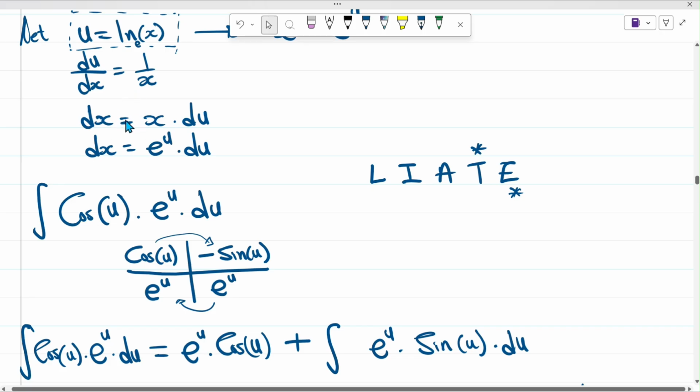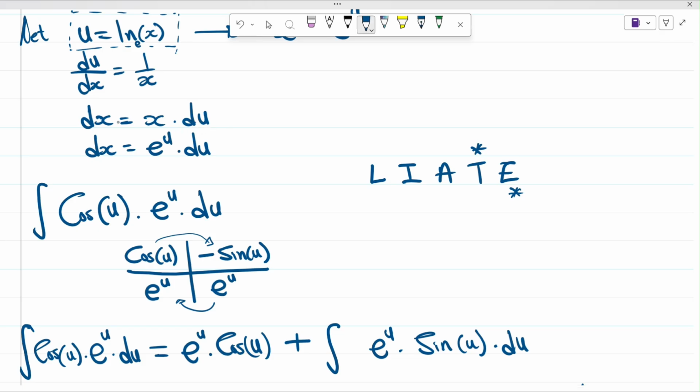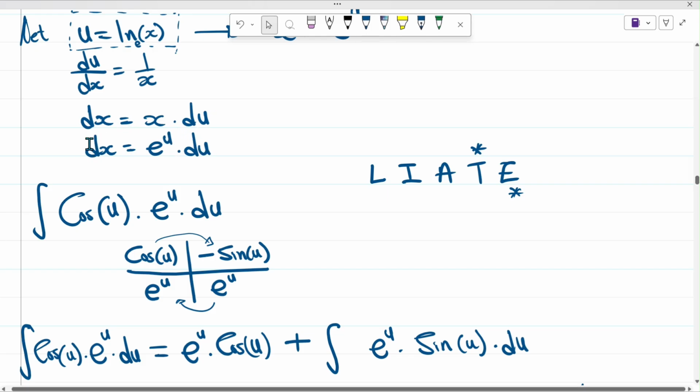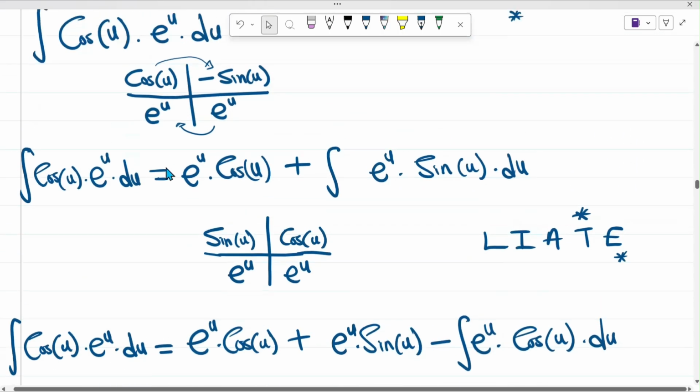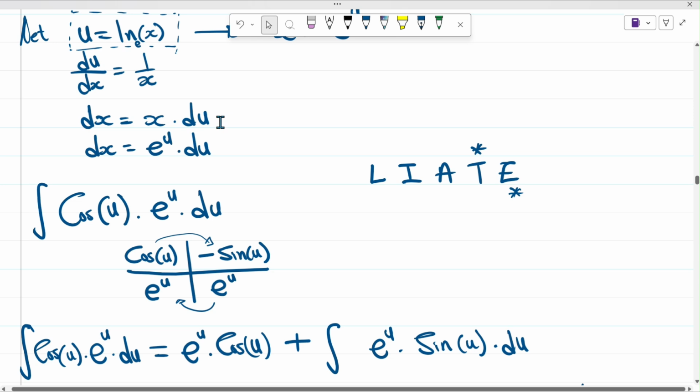So if I were to solve for du here, we can work with any of the two. Okay, let's just work with the second one.